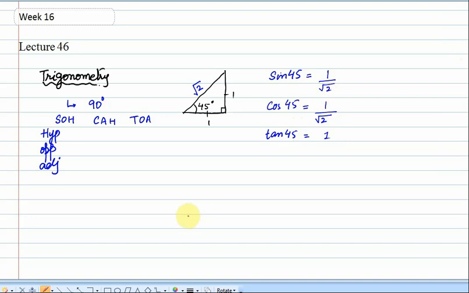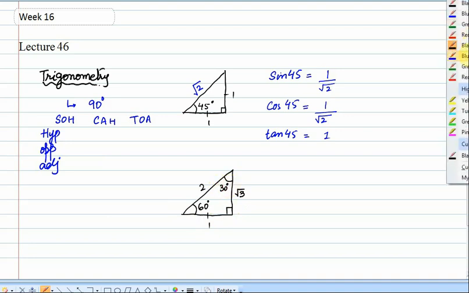Similarly, let's suppose we have a right angle triangle again. This side is root 3, this is 1, and the hypotenuse is 2. It's 60 degrees, and this one of course 30 degrees.